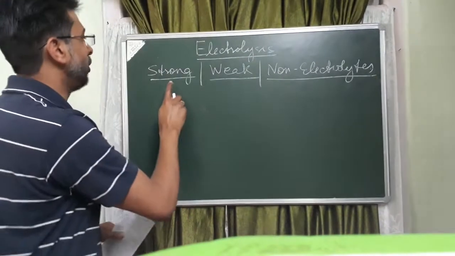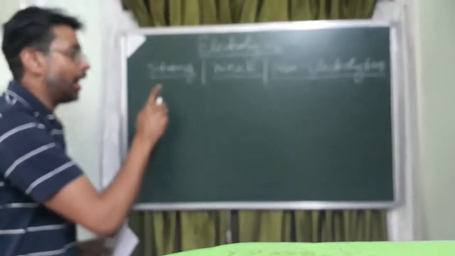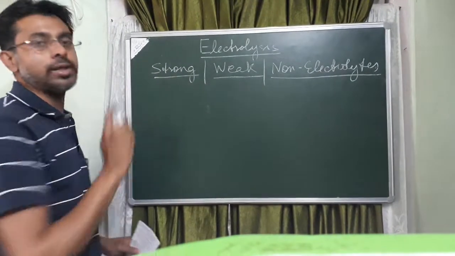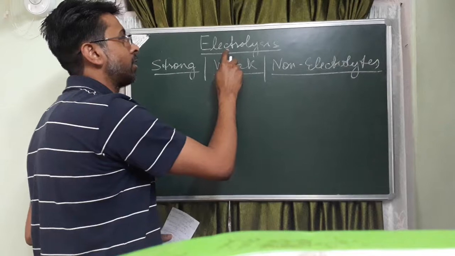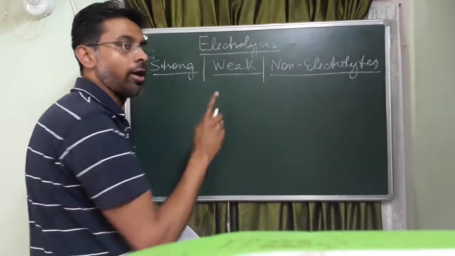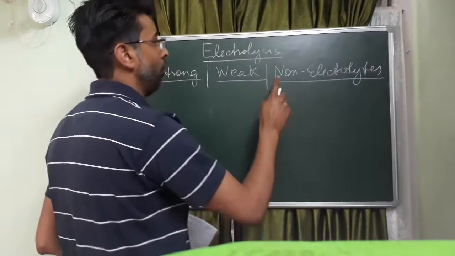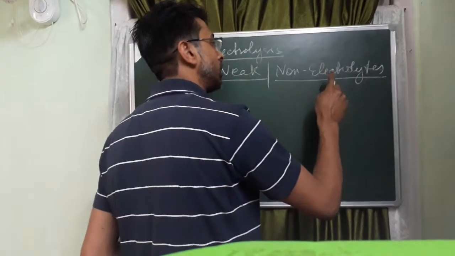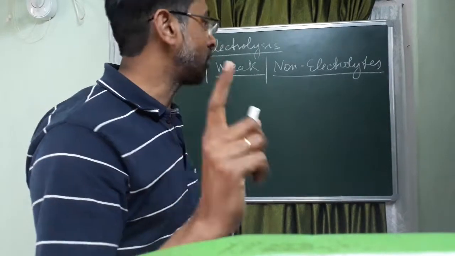Strong electrolytes are those electrolytes which allow a large passage of current through them and they dissociate almost completely. Weak electrolytes are those chemical substances which allow a very small passage of current to pass through them. Whereas non-electrolytes are those substances which do not allow any current to pass through them.